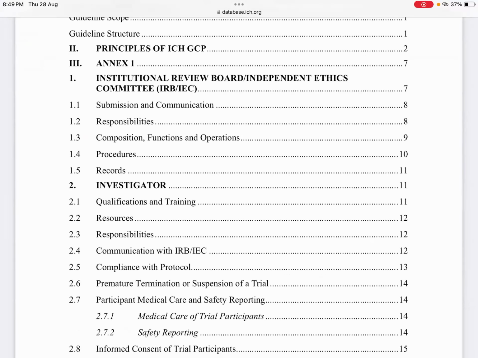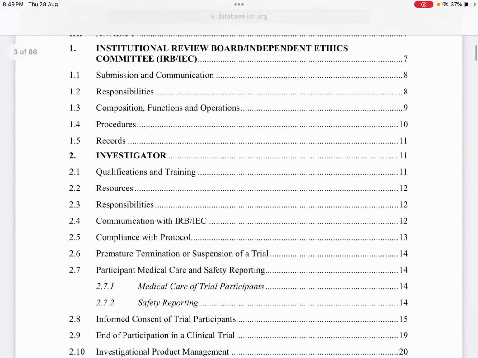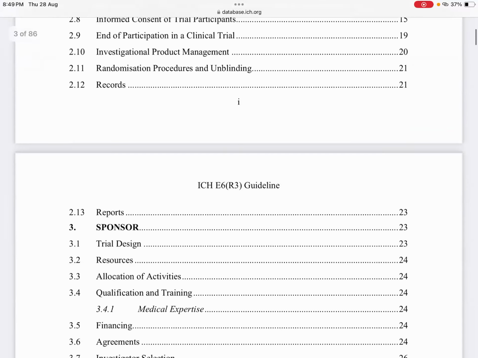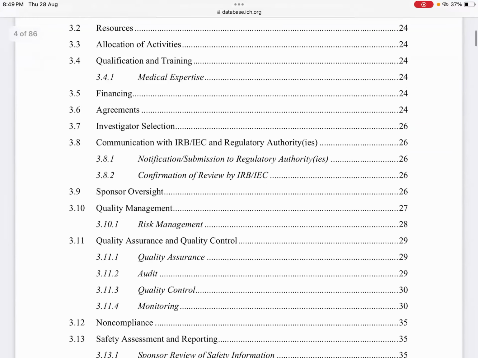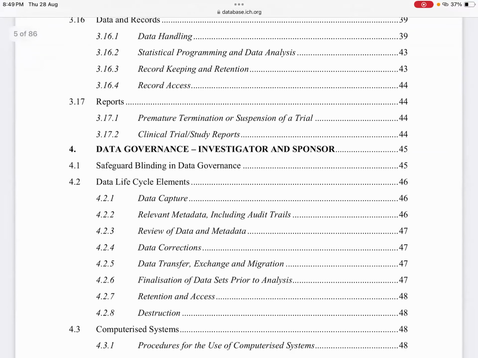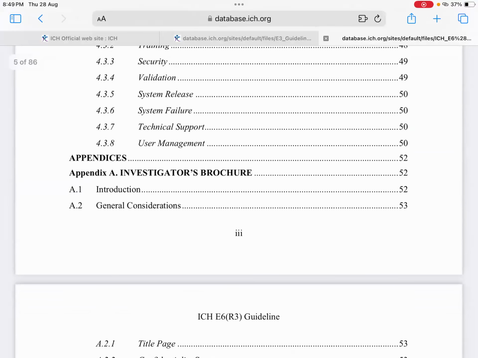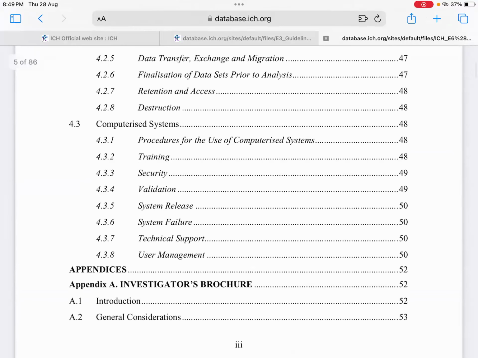Even your ethics committee composition, function, operations, investigator role, how to provide medical care, sponsor responsibility, data governance, investigator and sponsor, investigator's brochure. Look, the idea is to give you the maximum knowledge. What I used to do till now, I download these guidelines, these 6 guidelines, because we can't remember everything.